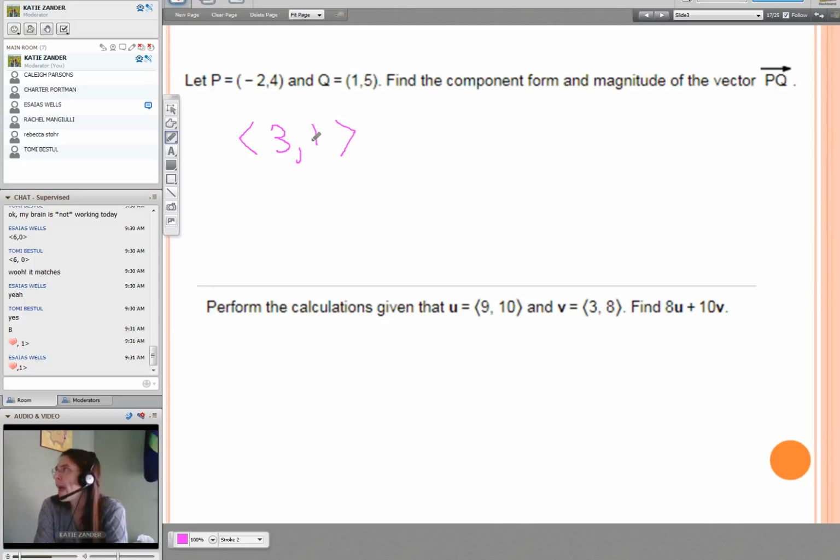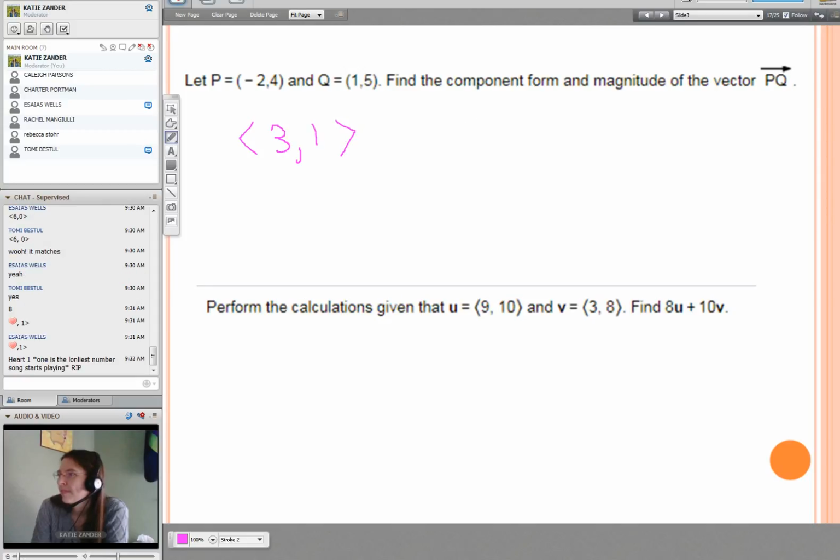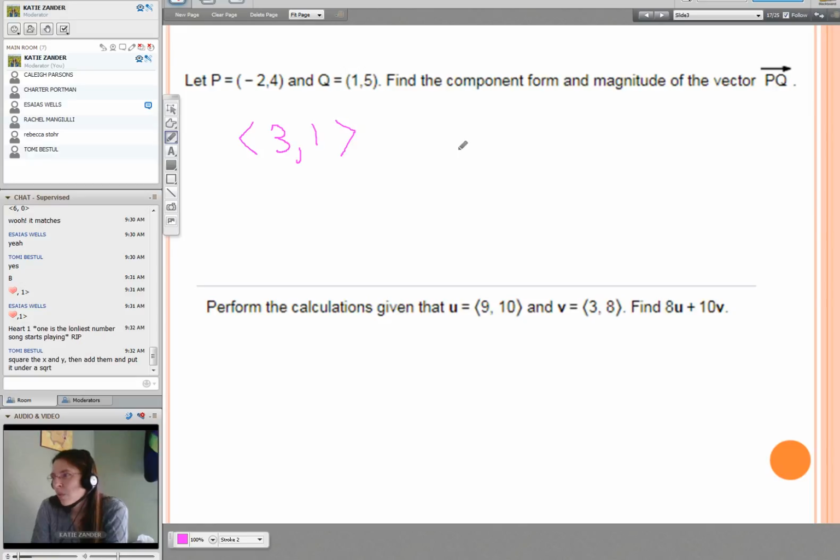Now let's talk about the magnitude. It's been a while since we've seen magnitude. How do I find the magnitude of a vector? So magnitude is the length. How do we calculate that? Square the x and y, add them, and put them under a square root sign.